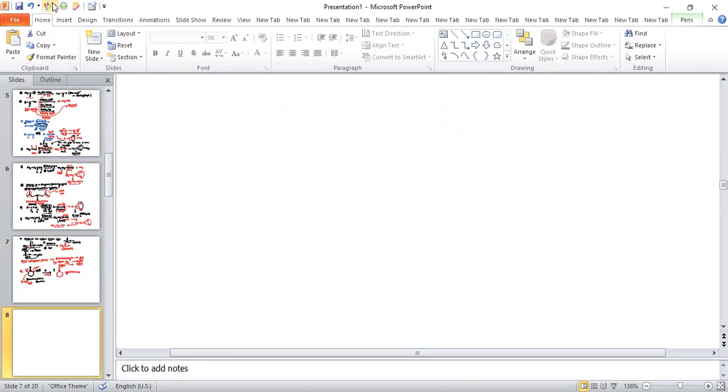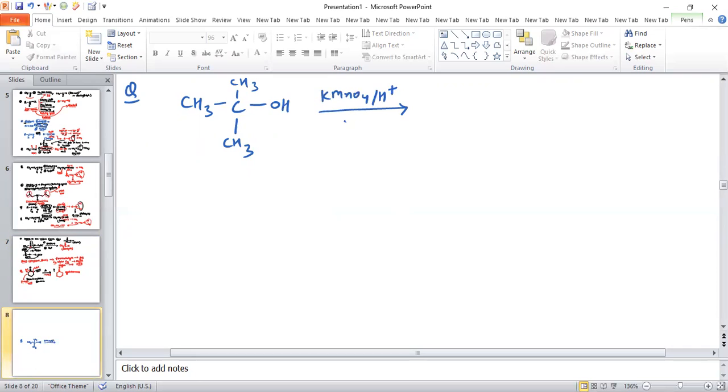Suppose the question is like this: we have CH3, C, CH3 and OH, and we add KMnO4 in acidic medium, or K2Cr2O7 in acidic medium.